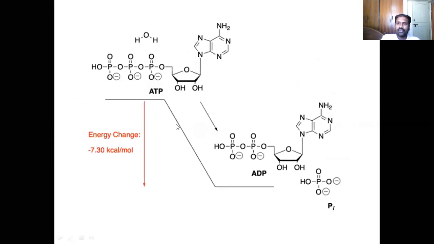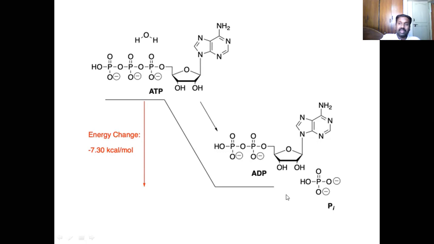Look at this energy profile diagram a bit. ATP is a high energetic molecule, placed at a higher position on the energy profile diagram, an energy rich molecule. Comparatively, ADP is lesser in energy. In fact, there is one more molecule which is further lesser in energy, that is AMP, adenosine monophosphate.